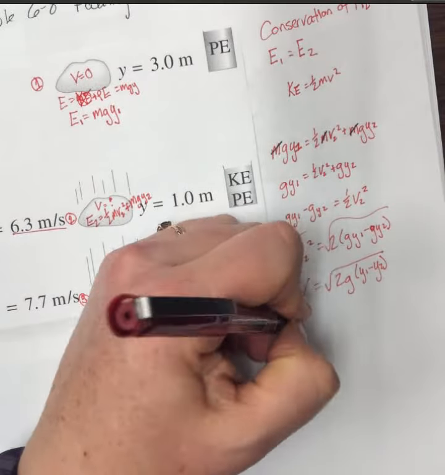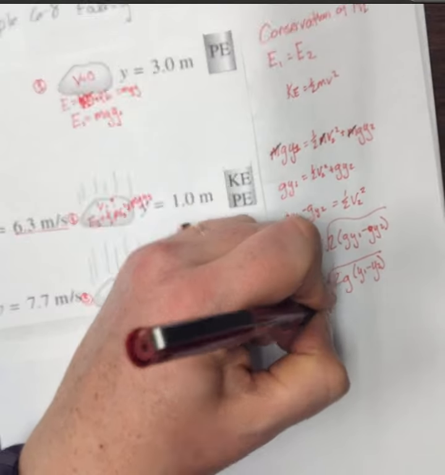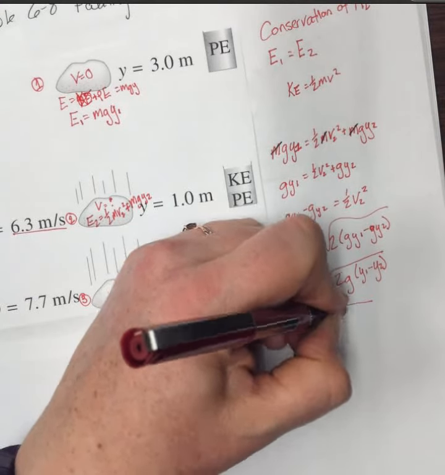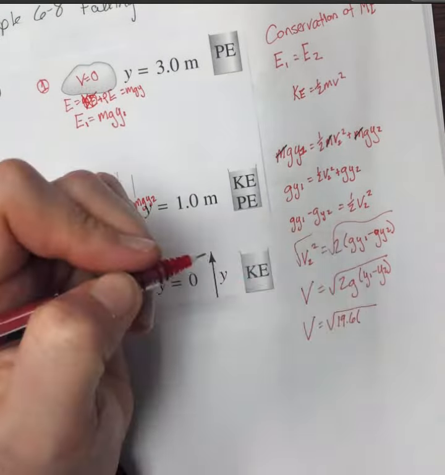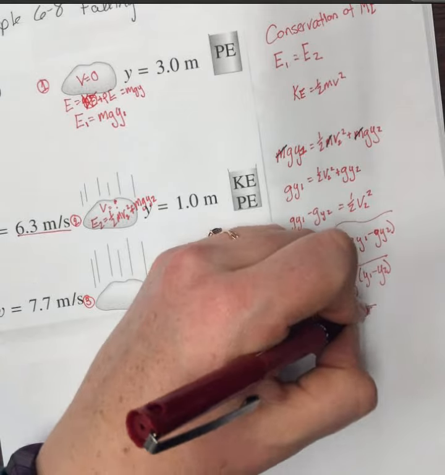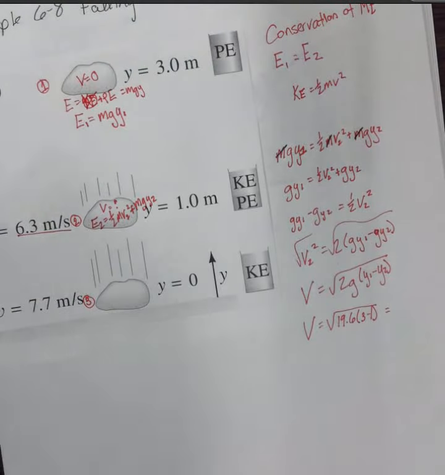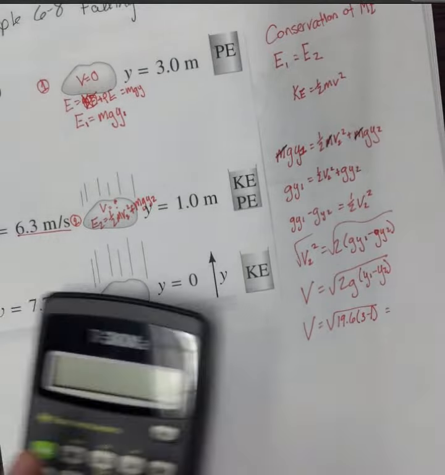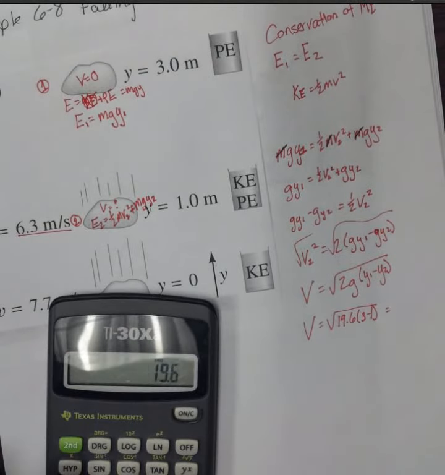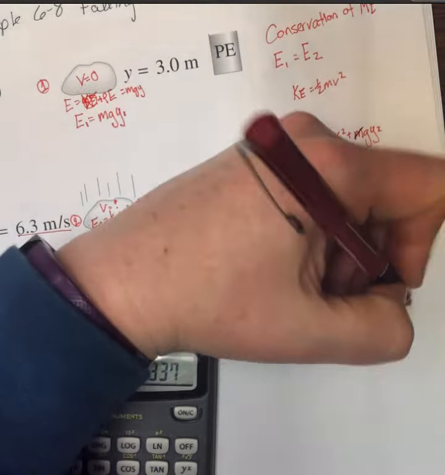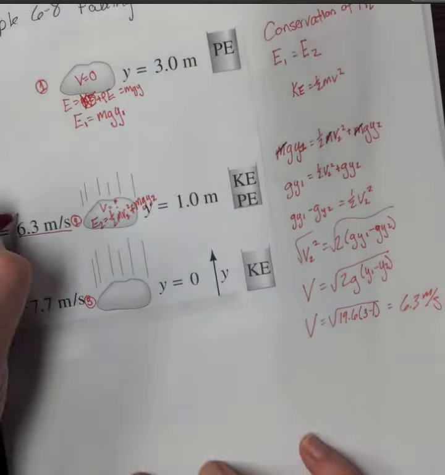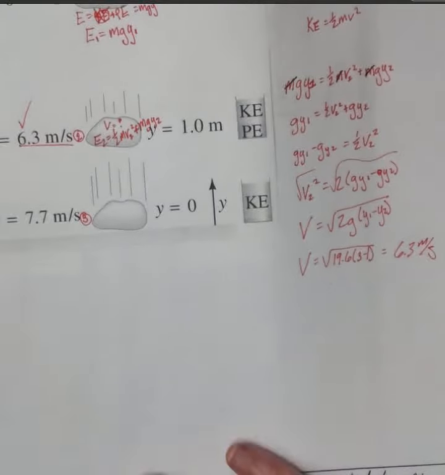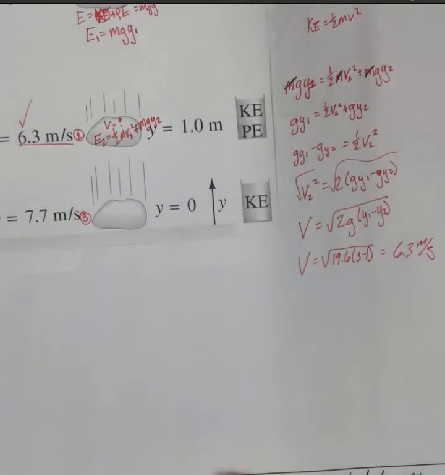So that means that the velocity is going to be equal to the square root of 19.6 times (3 minus 1), or solving that out, I got 6.26 or 6.3 meters per second. So I was in fact able to confirm using conservation of mechanical energy that that should be the velocity when it's 1 meter above the ground.